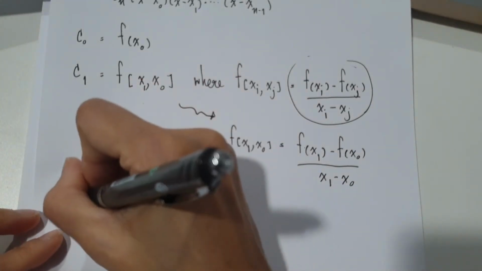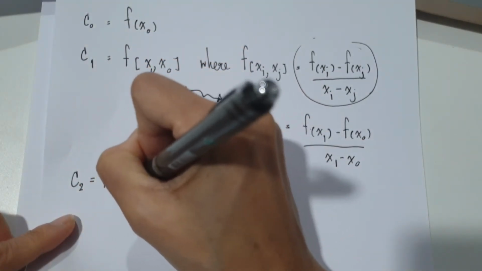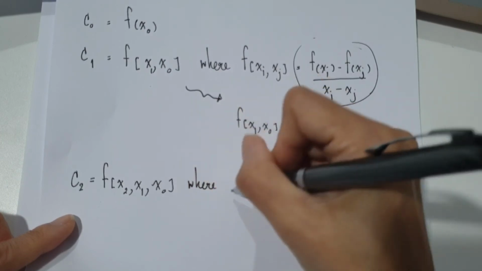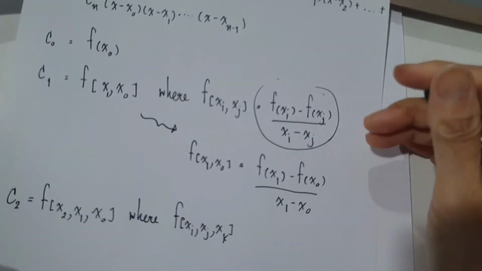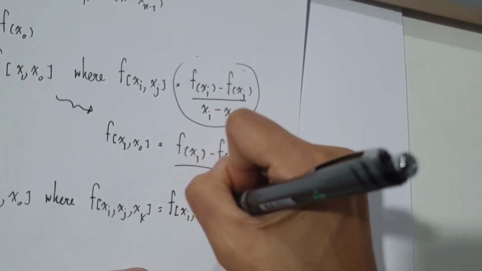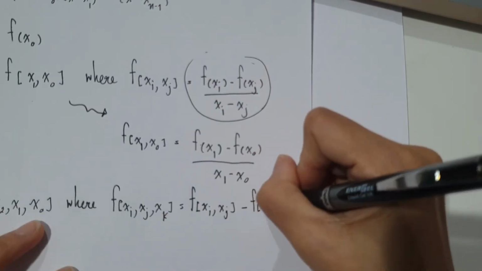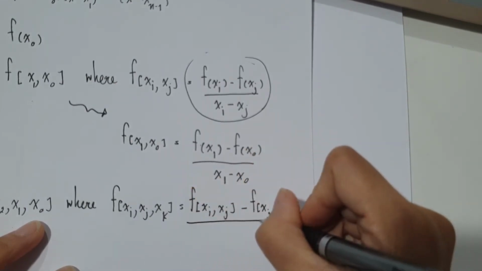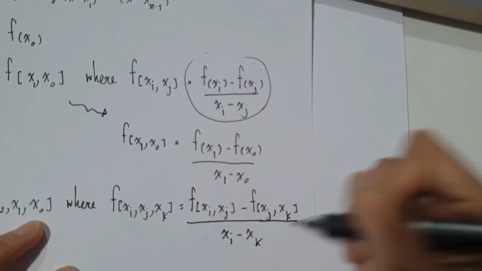And for C2, it has the form of f[x2, x1, x0], where f[xi, xj, xk] is represented in terms of f[xi, xj] minus f[xj, xk], and we divide this by xi minus xk.